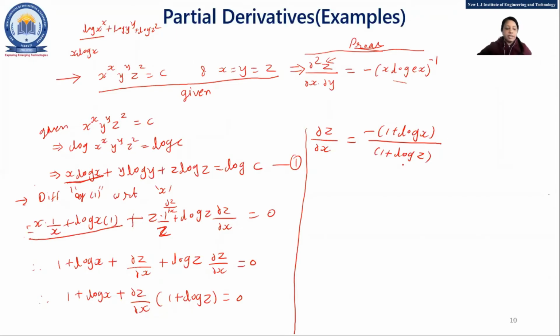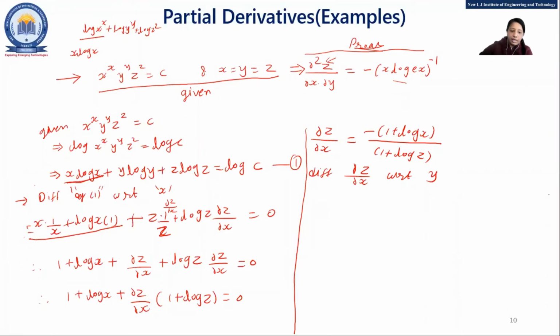Is there any doubt? So I have found del z by del x. Now what we want is del square z, so again differentiate del z by del x with respect to y.